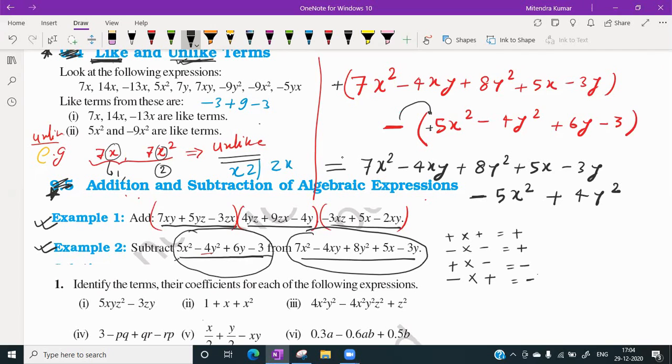This minus into plus, that will give -6y. This minus multiply with minus become plus, that is 3. और you can directly आप ऐसे भी याद रख सकते हो कि सारे साइन चेंज हो जाएंगे, है ना? अगर यहाँ पे प्लस है तो माइनस हो जाएगा, माइनस है तो प्लस हो जाएगा.